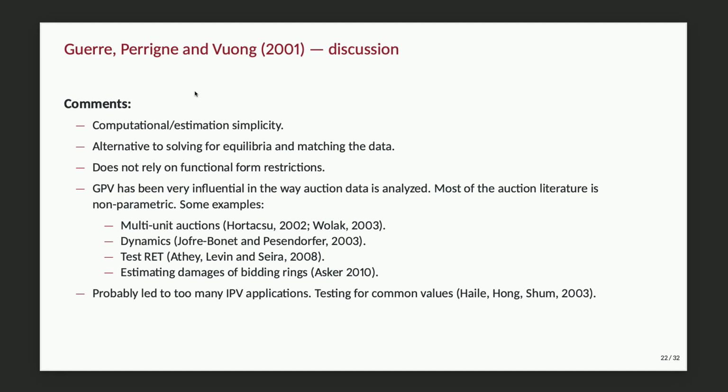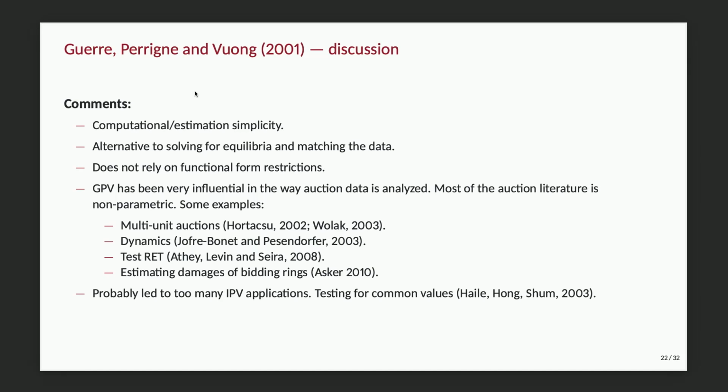Many different extensions to multi-unit auctions, very similar ideas apply. If you have dynamics, you can still typically make a lot of progress. I'm going to talk about some really interesting applications of using it to quantify the damages of bidding rings. The maybe criticism, not of this paper, but of the literature, is that the IPV assumptions are really, really convenient.